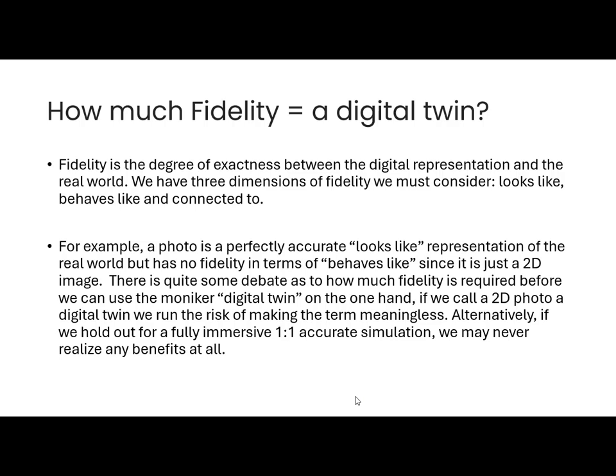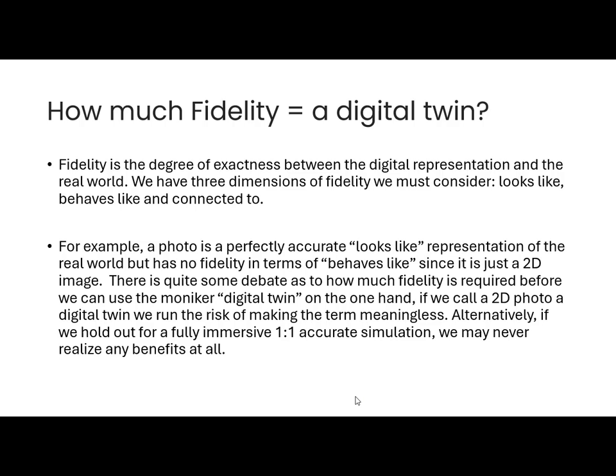In the following two infographics, for example, a photo is a perfectly accurate look-alike representation of the real world, but has no fidelity in terms of behaving alike, since it is just a two-dimensional image. There is quite some debate as to how much fidelity is required before we can use the moniker digital twin.